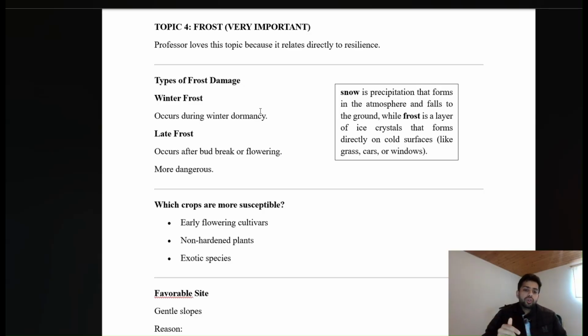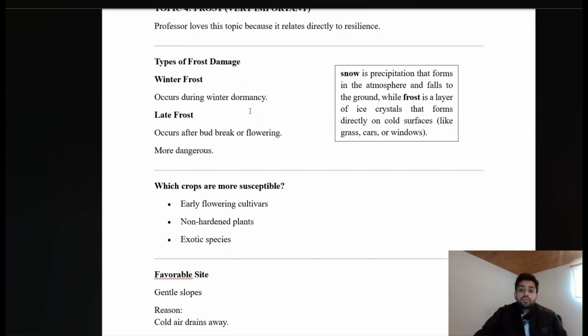Winter frost occurs during winter dormancy, as in winter the orchards go into a dormancy stage, and if frost settles on their leaves, then the orchard can be damaged. Late frost occurs after bud break or flowering, and that is more dangerous.